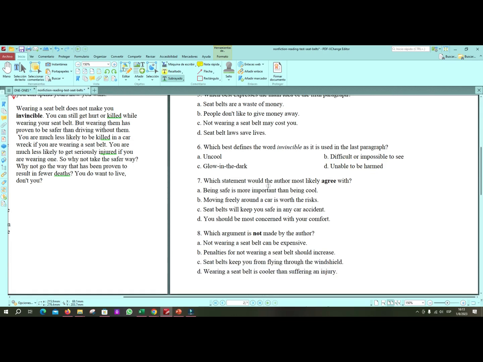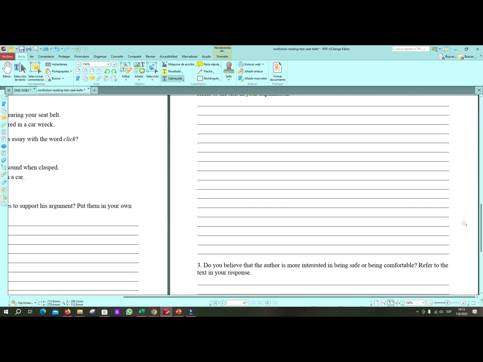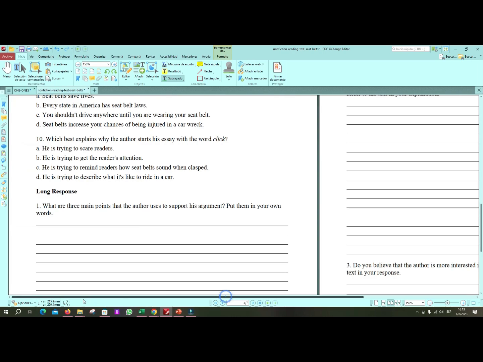Which statement will the author most likely agree with? There you have 4 options. 8. Which argument is not made by the author? Not, right? Another 4 options.